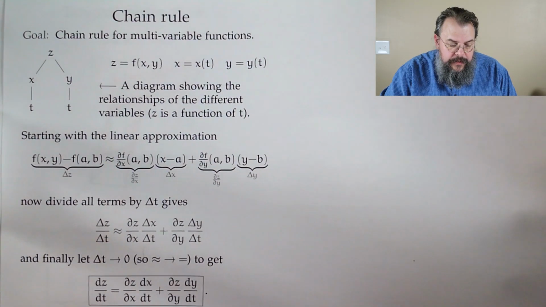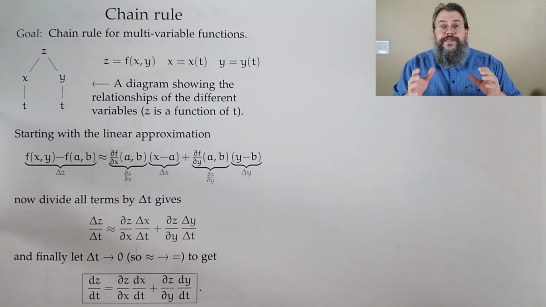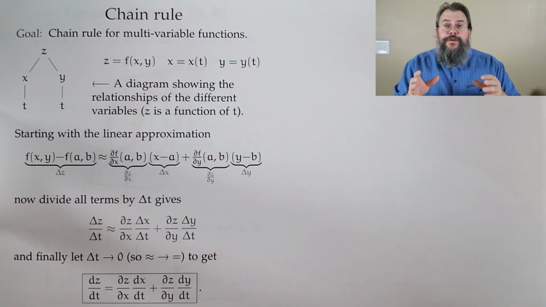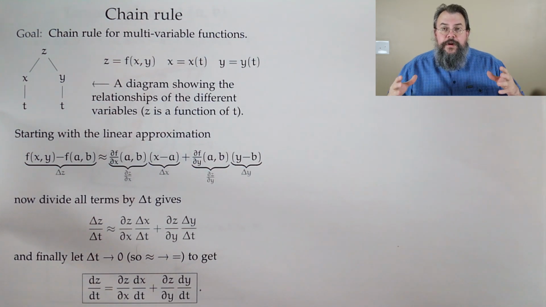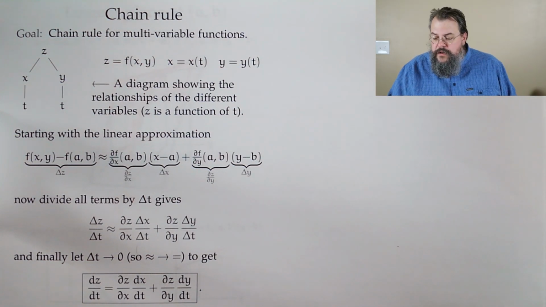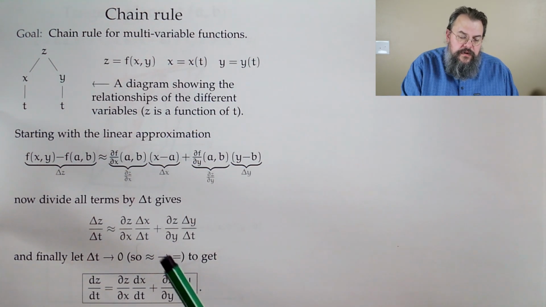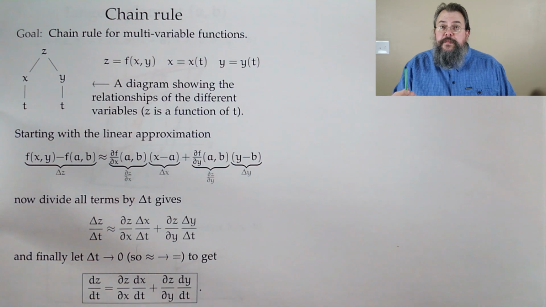All right, well, what is that? Well, the chain rule is when you have functions inside of functions. It's one of the most important rules when it comes to derivatives. So we're going to do the same thing. We're going to talk about functions inside of functions when there are lots of inputs involved. We'll start with a very special case.